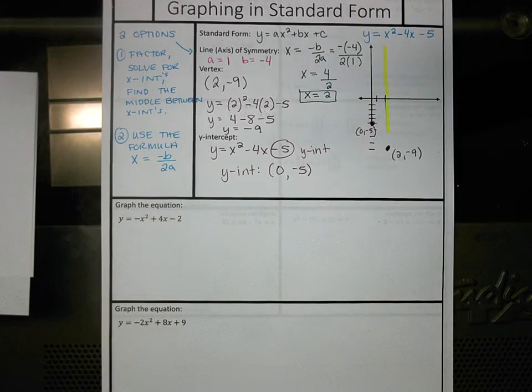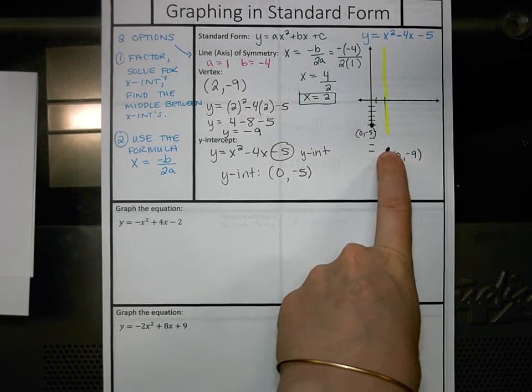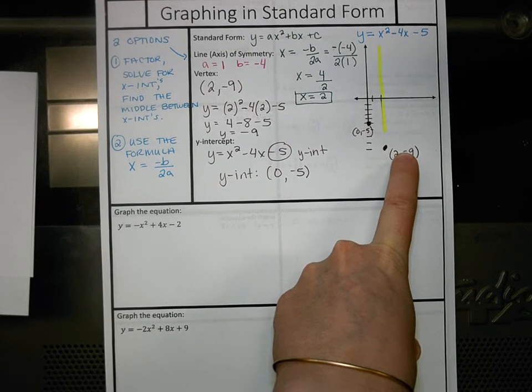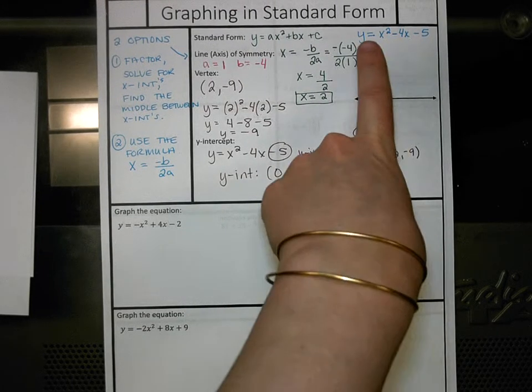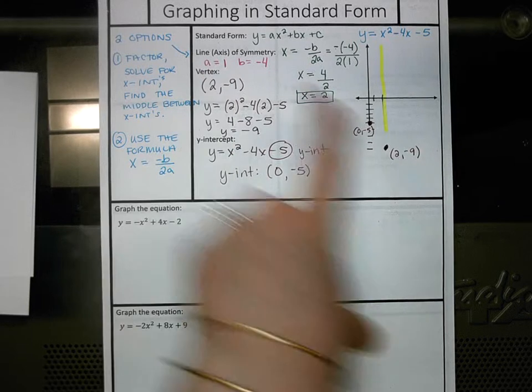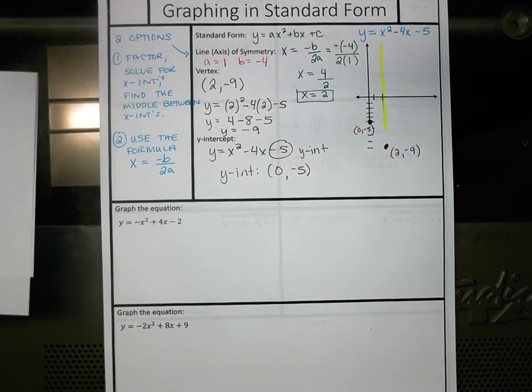Okay, and I need at least 3 points when you graph this. 3 or 4 is what I'm looking for. You can use a couple different things. To find your point directly next to here, we can use our a value. What's my a value of this equation? 1. So when I go 1 point right or left, it will just be 1 point above.